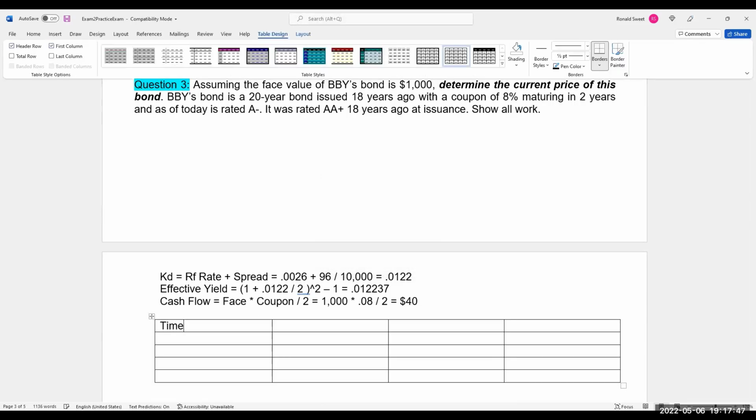You have to have this table on your exams. So cash flow, discount factor, and discounted cash flow. So time is 0.5, 1 year, 18 months, and 2 years. Our cash flow is going to be 40, 40, 40, and then remember at the end you get your $1,000 back. So there's our cash flows.